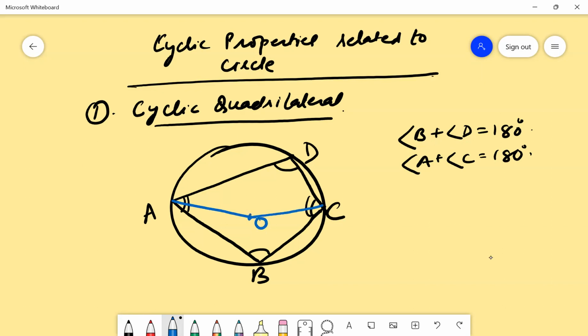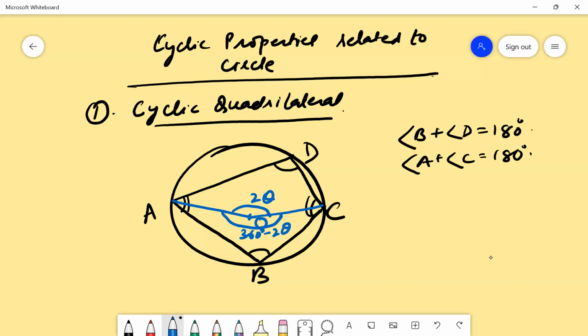This is center O. Okay, I joined A and C with center O. Now see, suppose this angle is 2 theta. Then what is the magnitude of this angle? This would be 360 degrees minus 2 theta.